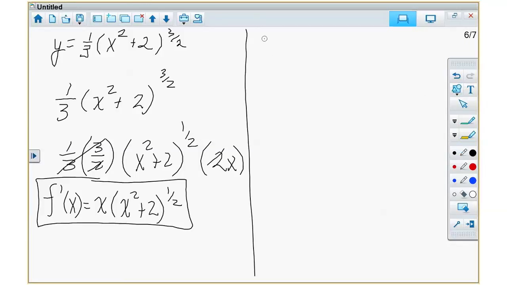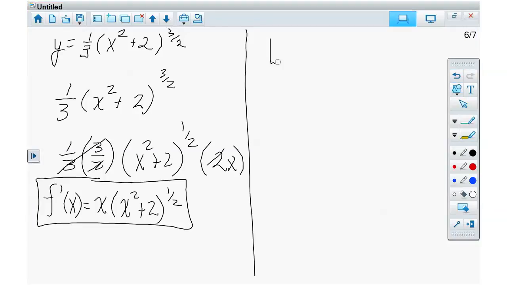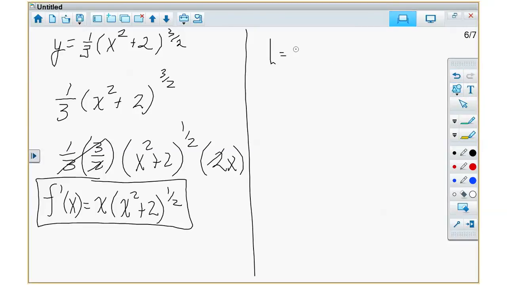Y'all do. L is equal to the square root of 1 plus, sorry, antiderivative. And we're going to go from 0 to 1. Plug that in there for you.